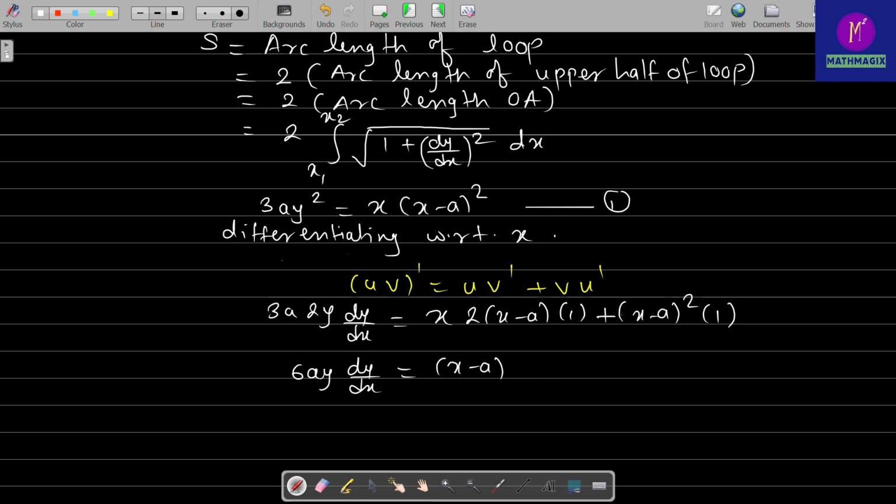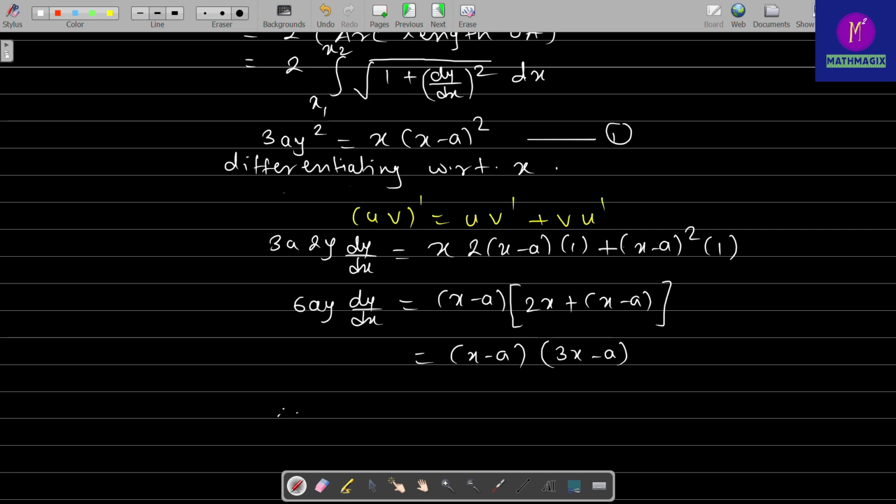So x minus a, inside the bracket we will get 2 into x plus x minus a. After solving this we will get (x minus a) into (3x minus a). Therefore dy by dx is equal to (x minus a)(3x minus a) divided by 6ay.